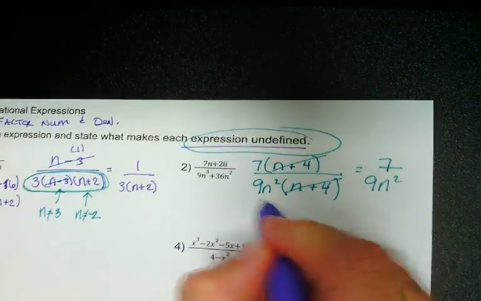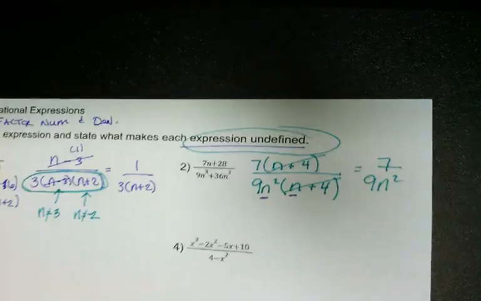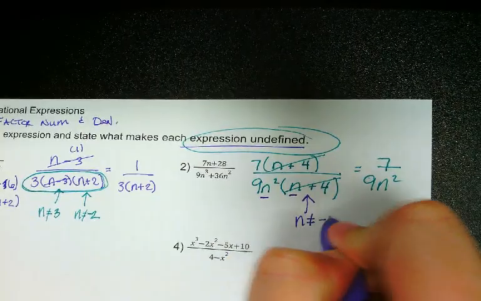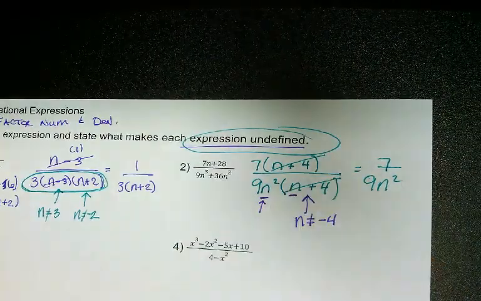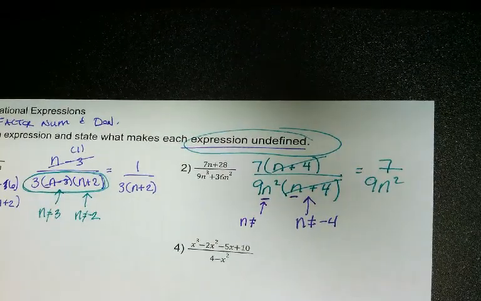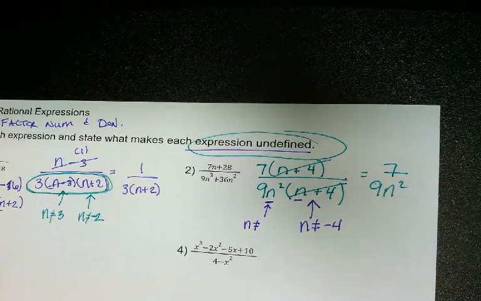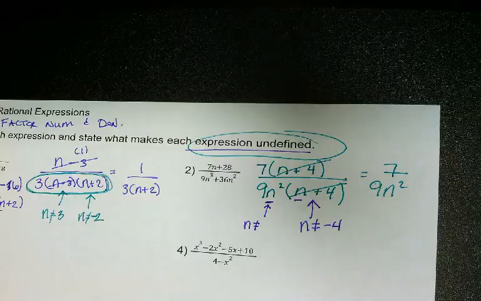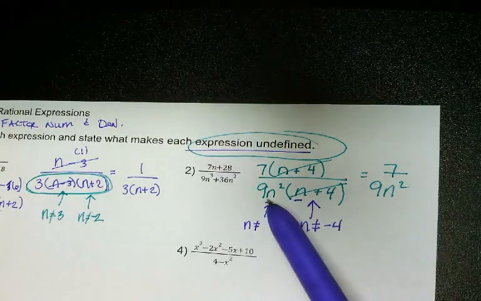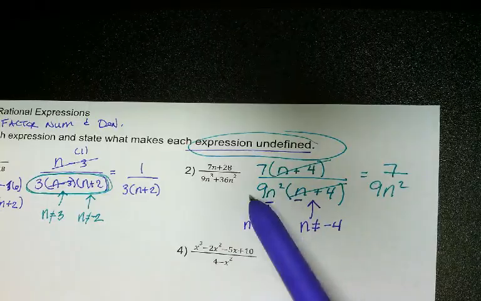Again, I just want to talk about what n cannot equal. So if I look, there are 2 n's in the original problem. This one, n cannot equal what number? Negative 4. This one, n cannot equal what number? Think about this. Let me just start with 9. What's 9 squared? 81. Is that going to get me 0 on the bottom?